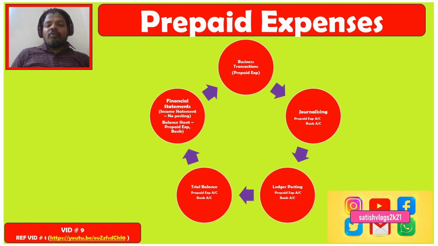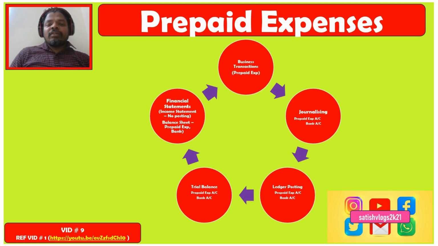Hope this is clear. Now let's move to the third phase of an accounting cycle, which is the ledger postings phase. What is the ledger postings phase? For whatever the entries which were created as part of the journalizing phase, the ledger accounts are supposed to be created and entries are required to be posted in the respective ledger accounts accordingly.